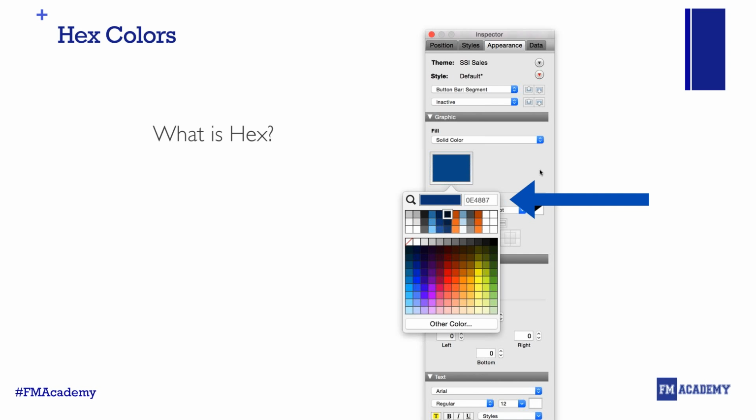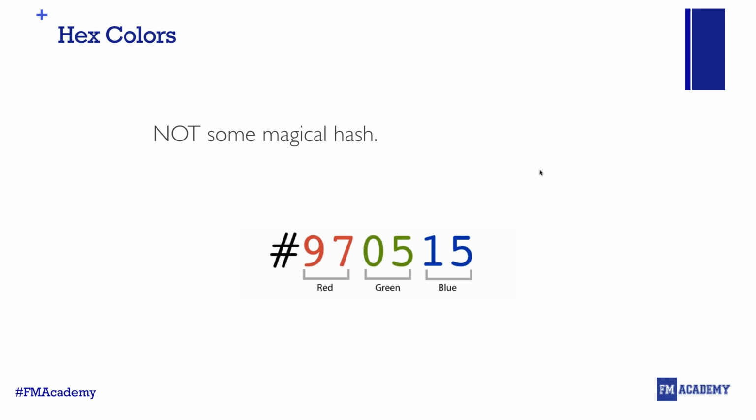So you're all familiar with the inspector. You use this every day to specify what color you want something to be. And I don't know if you've ever noticed, but you actually have this little hash over here of hex colors, and that is the hex value of the color that you have selected. So what is hex?